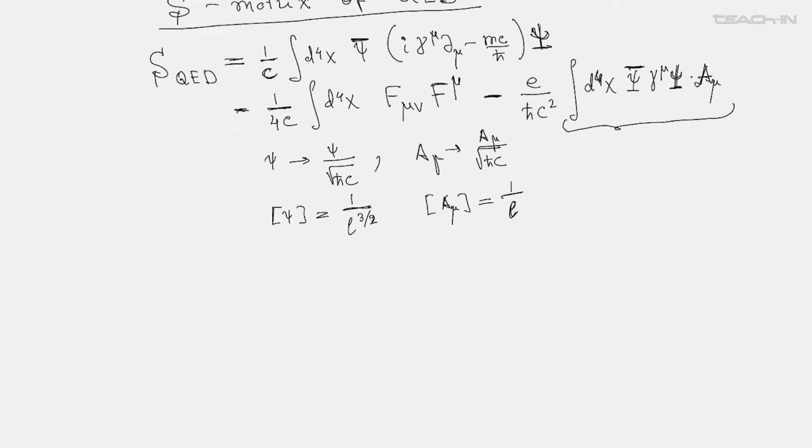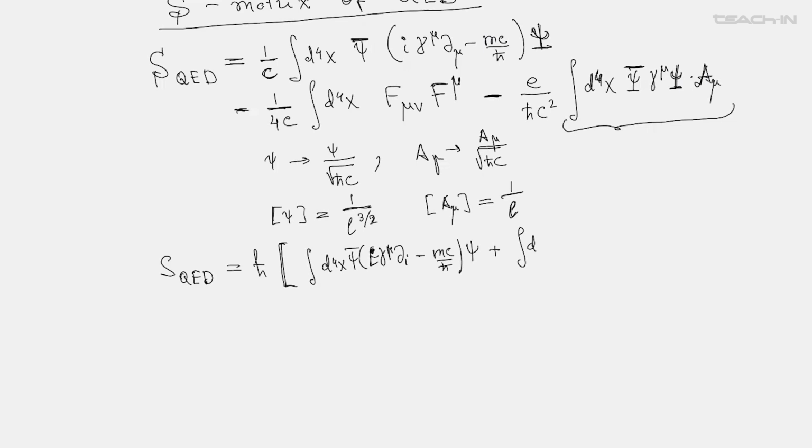So after doing this rescaling, the action of quantum electrodynamics takes the following form in terms of the new, rescaled fields. H bar comes out in front of the whole action. Then there is an integral d4x psi bar (i gamma mu d mu minus mc over h bar) psi. Then there is the action for the electromagnetic field, minus 1 over 4 F mu nu squared.